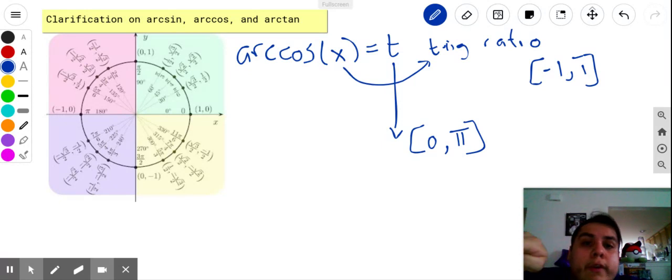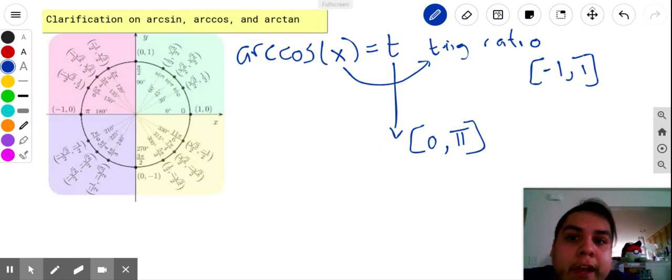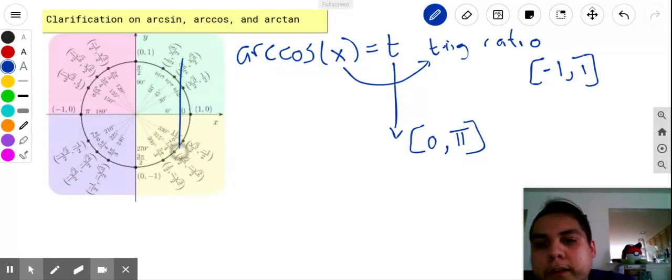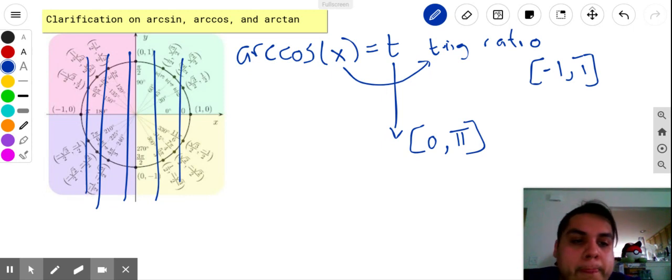So with the other graph, for the arc sine, I had to do a horizontal line test because I was looking at the outputs of that, which were dealing with the y values. So I want to make sure the y values didn't repeat. For arc cosine, I want to make sure the x values do not repeat. So since I'm focusing on x values, I need to make sure that this would pass a vertical line test in order for the function to be invertible, right?